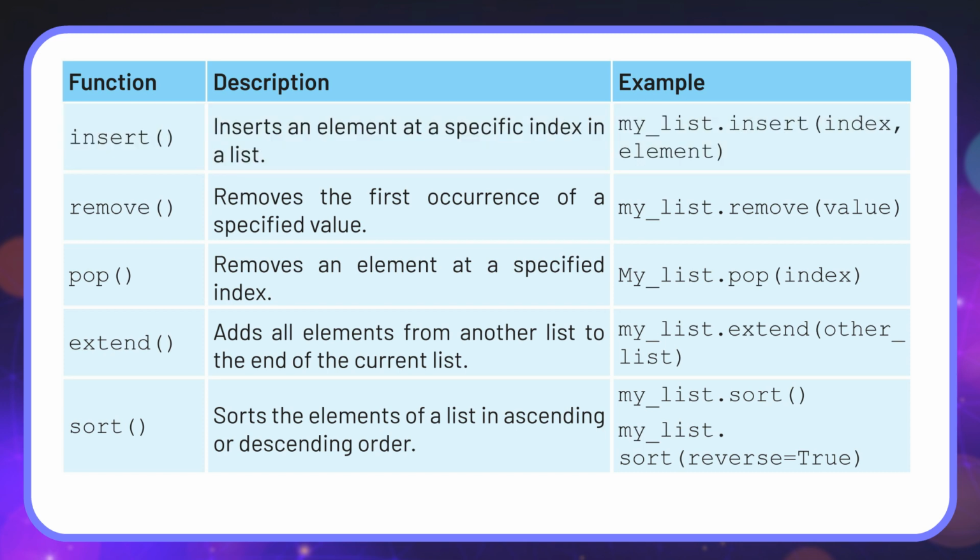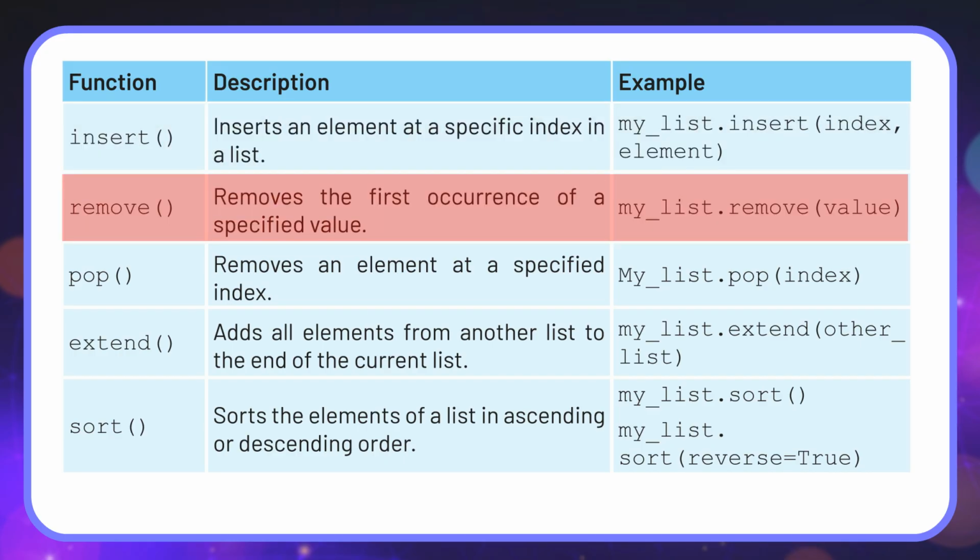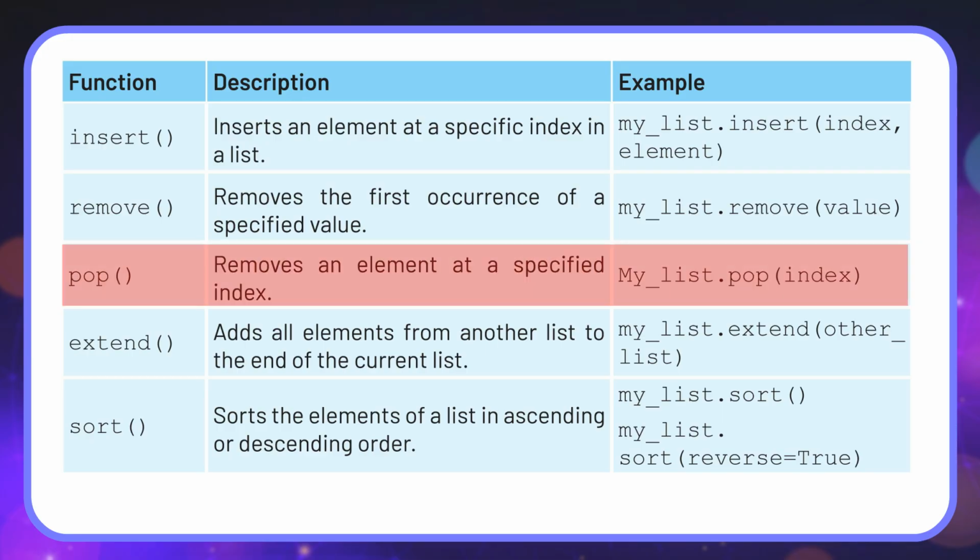Insert: inserts an element at a specific index in a list, my_list.insert(index, element). Remove: removes the first occurrence of a specified value, my_list.remove(value). Pop: removes an element at a specified index, my_list.pop(index).